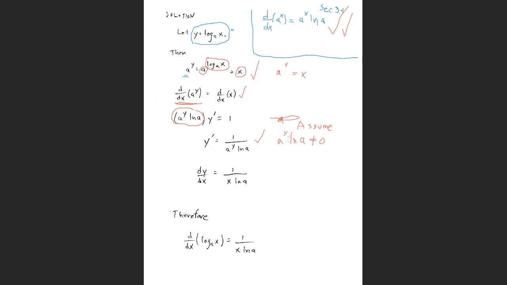Okay, well then dy dx would equal 1 over x times the log of a, because remember, a to the y power is equal to x. And so now we have our result.